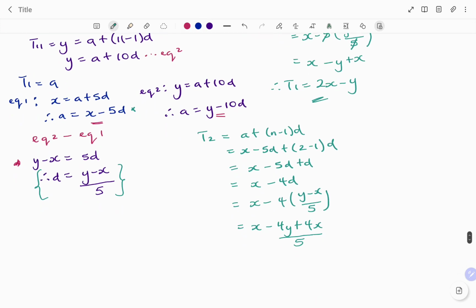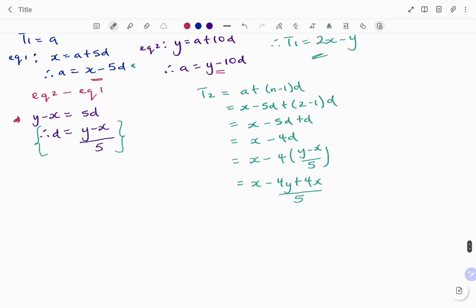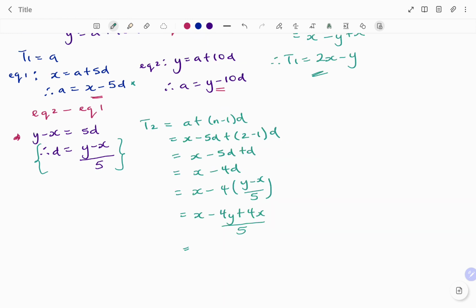Putting both under the same denominator, I have 5x minus 4y plus 4x all over 5. 5x plus 4x will give us 9x, so therefore, our T2 equals 9x minus 4y, all divided by 5. So we know our first term, 2x minus y, and our second term, 9x minus 4y divided by 5.